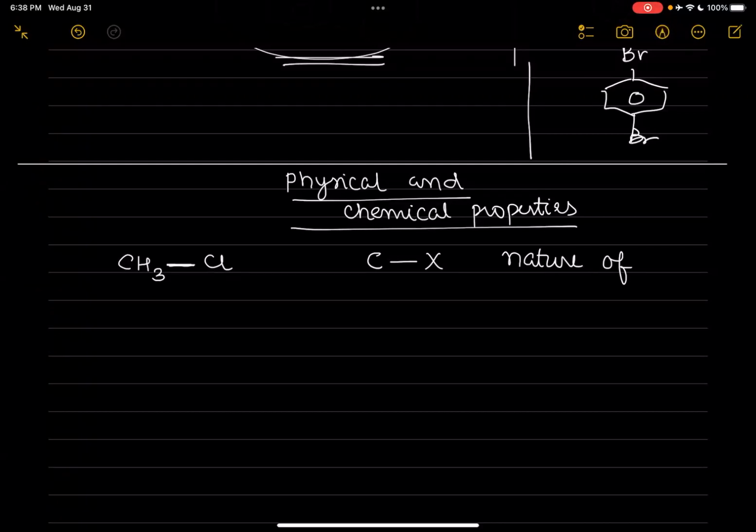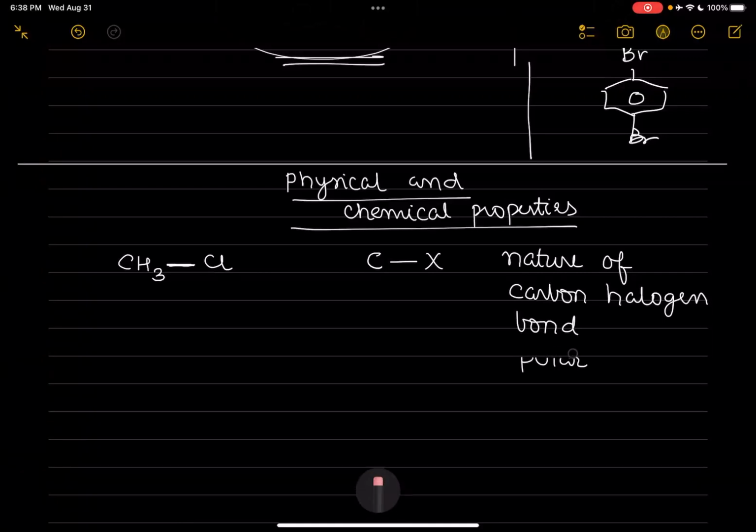Anything else that is correct? It is actually a polar bond. It is polar in nature. Yeah. So what was the meaning of polar bond? Can you just explain it, please?